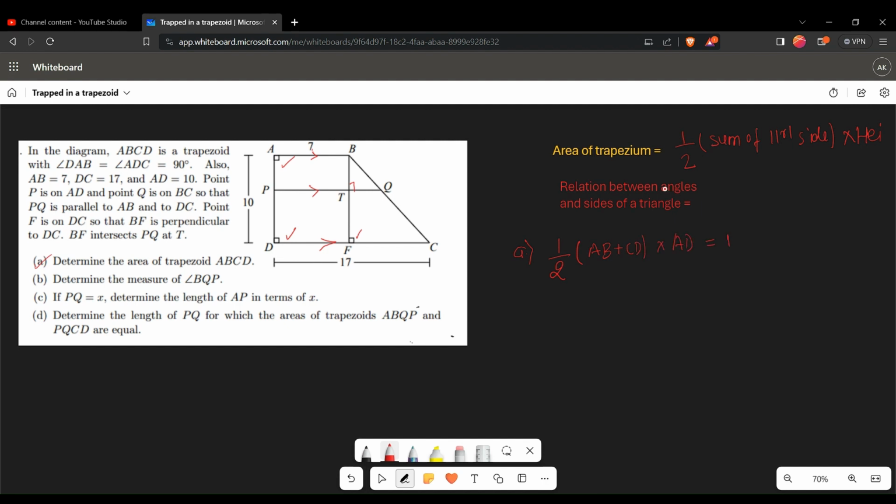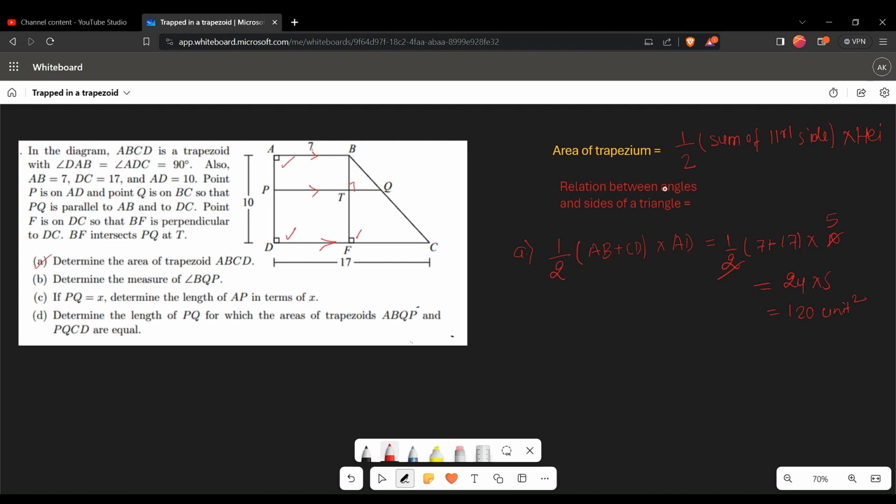So putting the values over here, AB value is 7 and CD value is 17 and AD value is 10. Okay, so it's 5 times 24, which is 120 unit square.